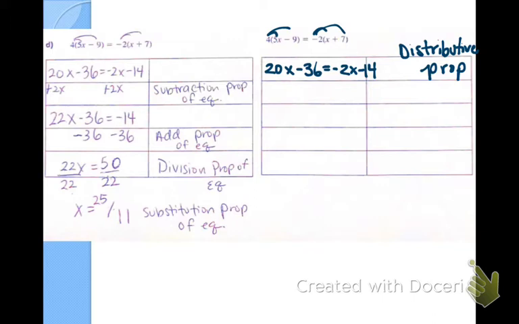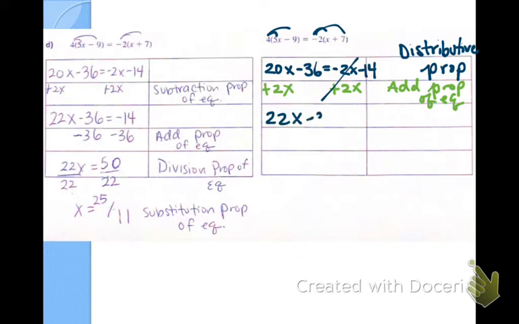I always move the smaller x. What is the smaller x here? The negative 2x. So what am I going to do with that? Add it to both sides, which is the addition property of equality. 20 plus 2 is 22x.